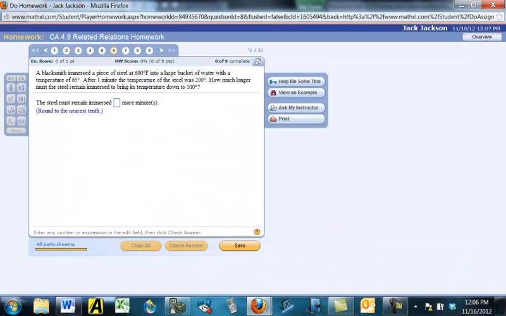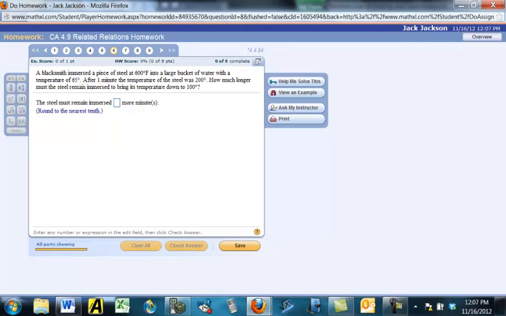Let me do one more example. This is an exact example that might be on your homework. A blacksmith immersed a piece of steel at 600 degrees Fahrenheit into a large bucket of water with temperature 65 degrees. After 1 minute, the temperature of the steel was 200 degrees. How much longer must the steel remain immersed to bring its temperature down to 100 degrees?